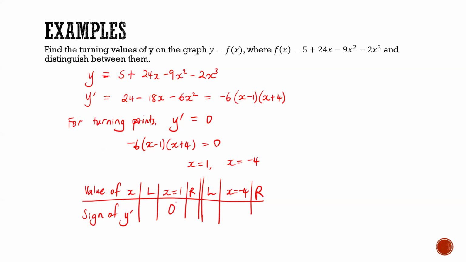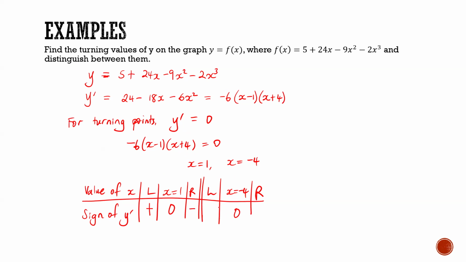We already know that when x is 1, y prime will be 0 because of what we discovered. And if you go ahead to calculate for a number, let's say 0.9, to the immediate left of x being equal to 1, you'll find that the gradient of the tangent there is positive, and to the immediate right will be negative.